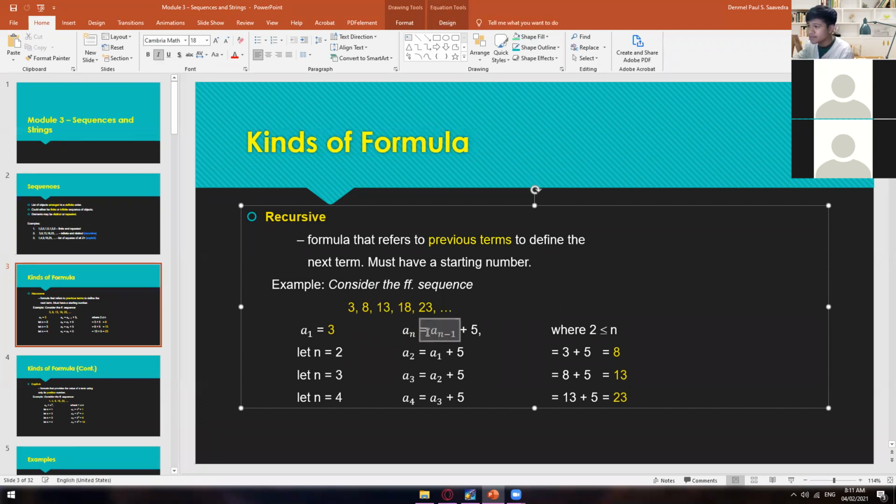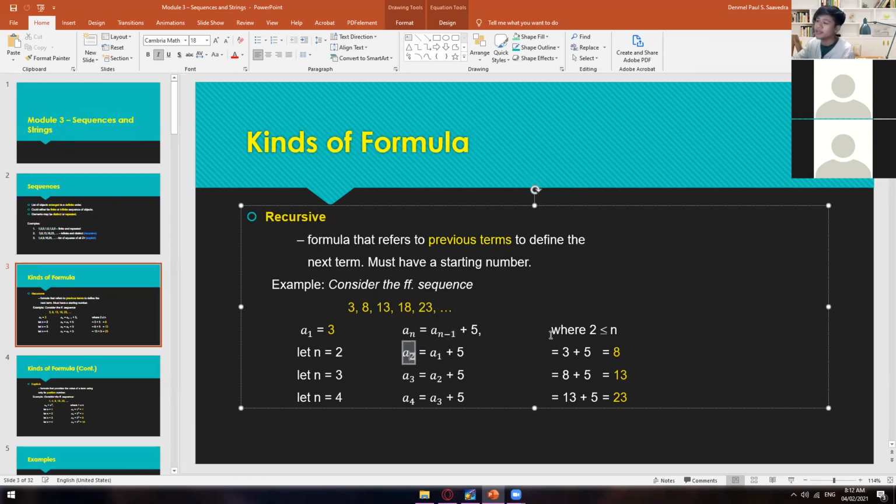So as you can see, for you to be able to get the term at a position, first term, second term, third term, fourth term, you have to know the value of the last term. Okay, so from there, you could substitute the value of that first term in here, and then you will be able to get this second term.